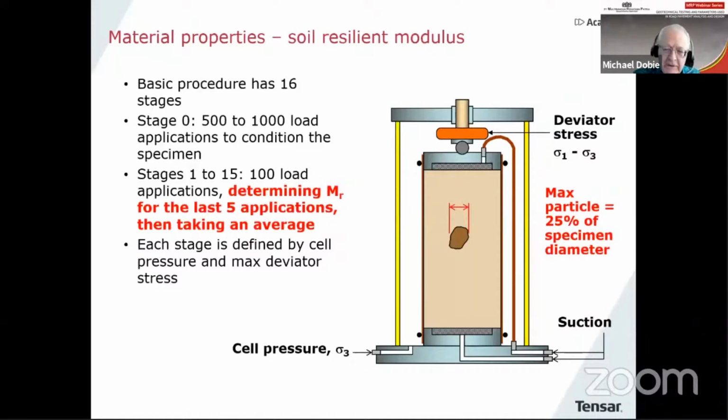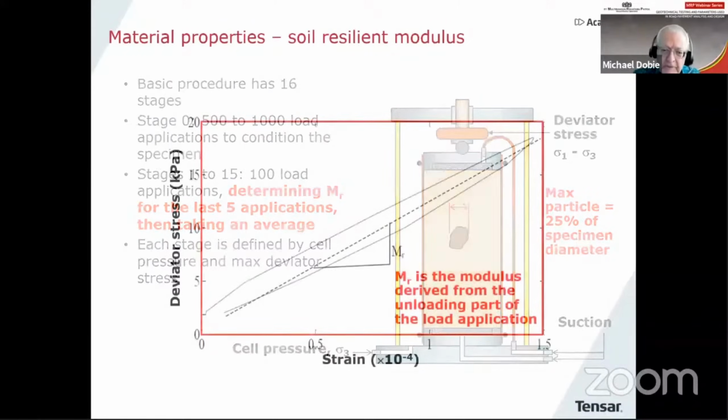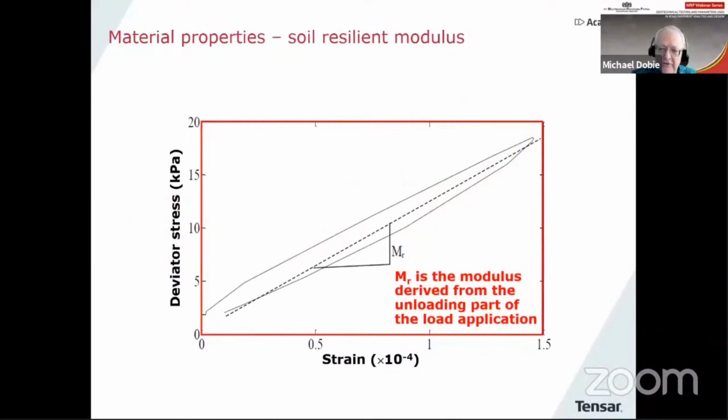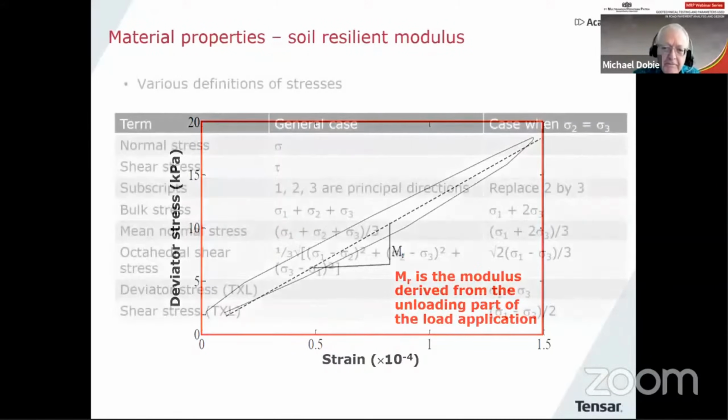And we determine the modulus as an average of the last 5 load applications of each stage. And then each stage is defined by its cell pressure and its maximum deviator stress. So there's an image of one of the final cycles in a test, deviator stress versus strain, and we take the slope based on the unloading part of that curve.